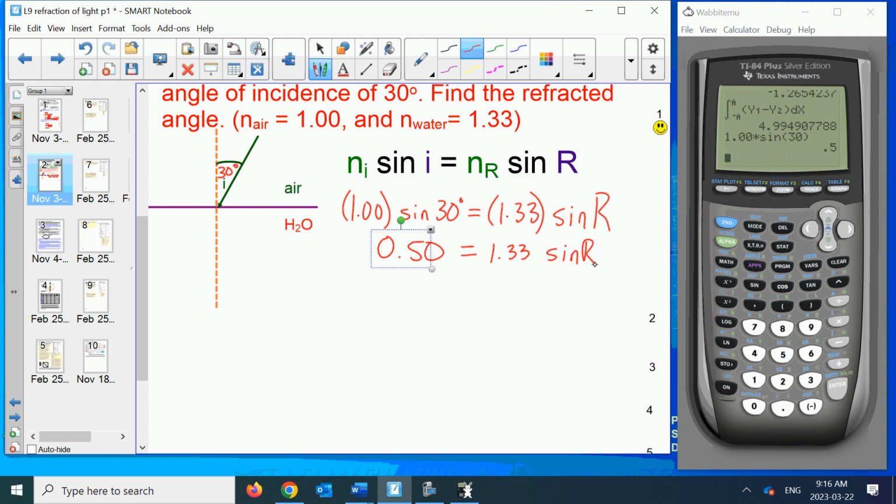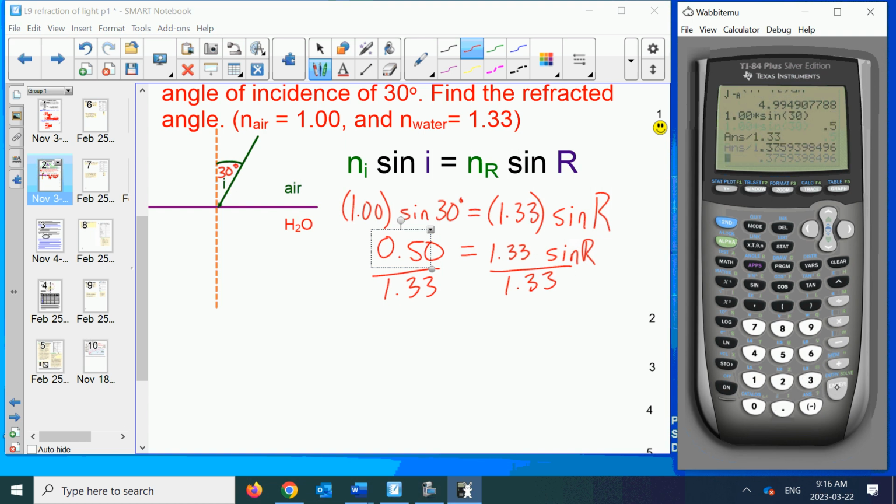Okay. I'm going over what the algebra and trig is to find this. Now, I've got to get the sine of R. You can't just divide out the sine. So I've got to get that alone by dividing by 1.3. On my calculator, I'm going to take 0.50, divided by 1.3.